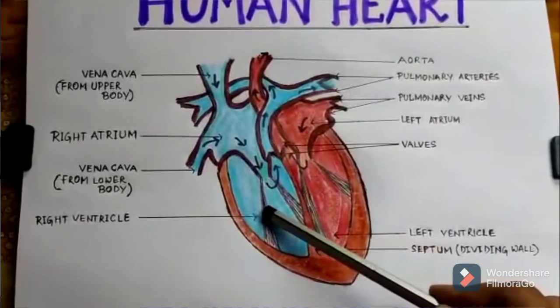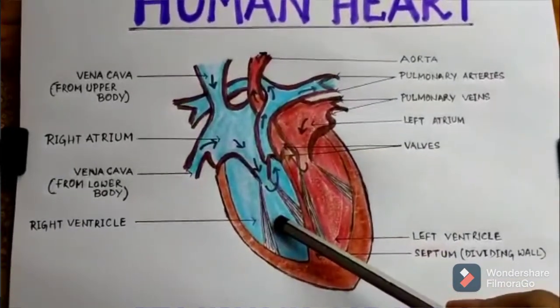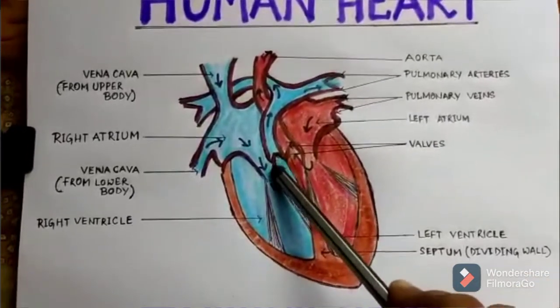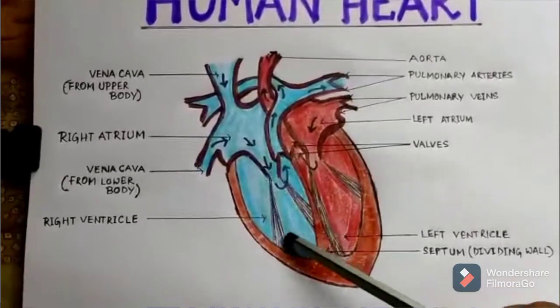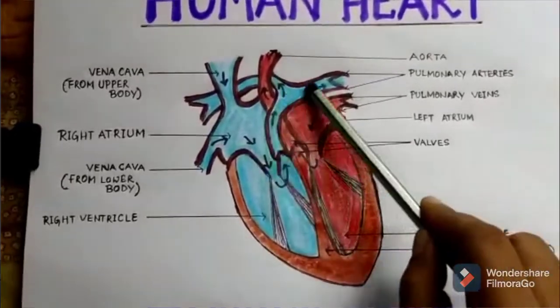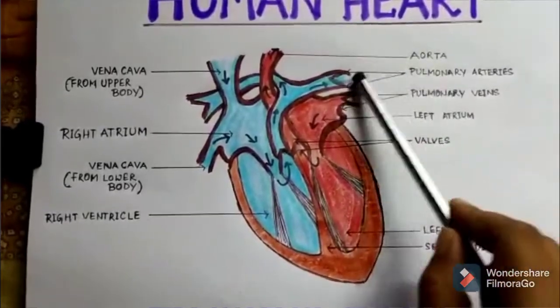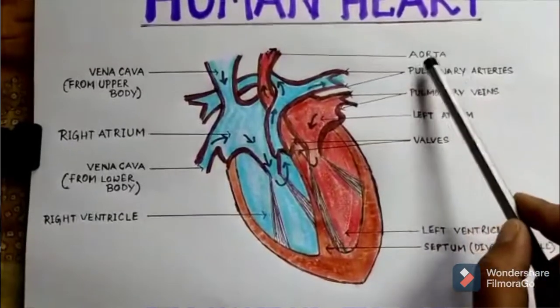Then this deoxygenated blood from the right ventricle goes through the valve in the pulmonary artery, this valve will open, and the blood through the pulmonary artery goes to the lungs. Why does it go to the lungs? It goes to the lungs for the oxygenation process.